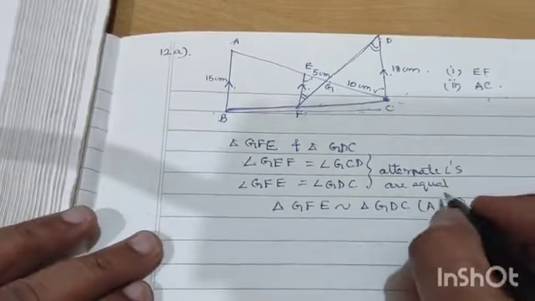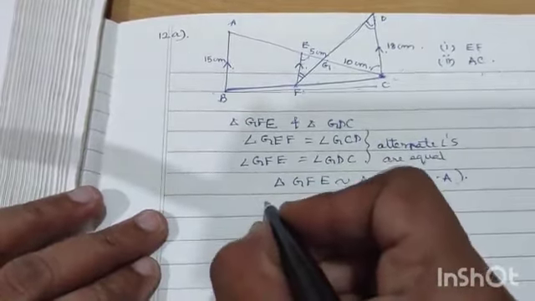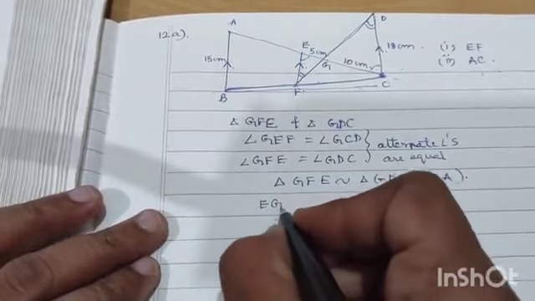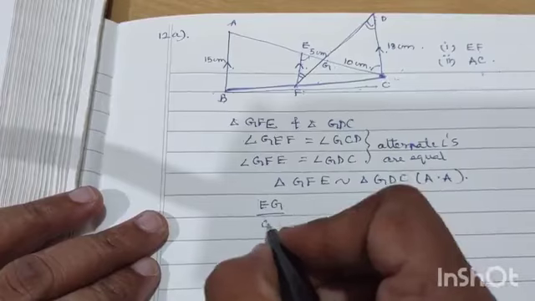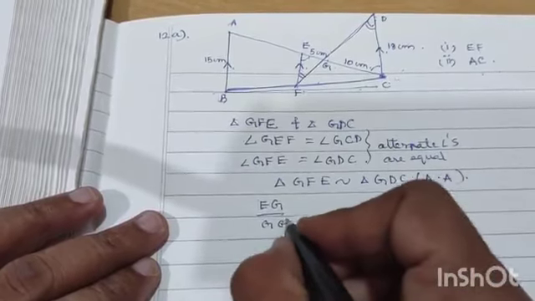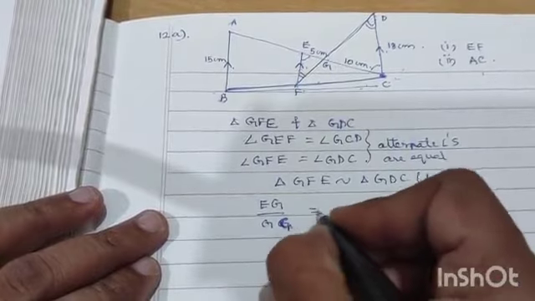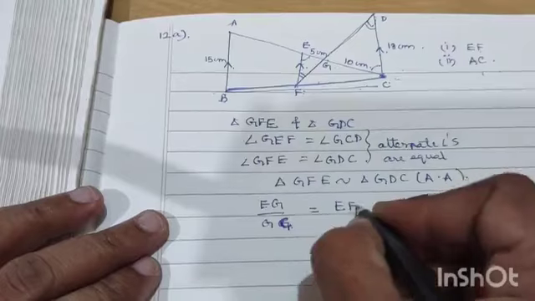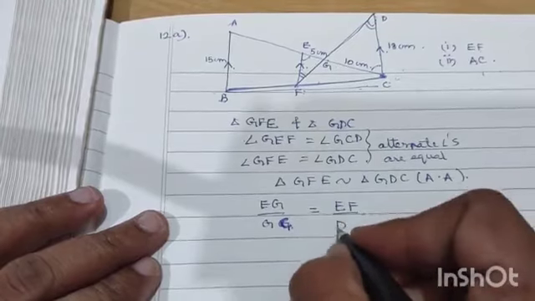Then since these two triangles are similar, the ratio of the sides follow, that is EG by GC is equal to EF by DC.